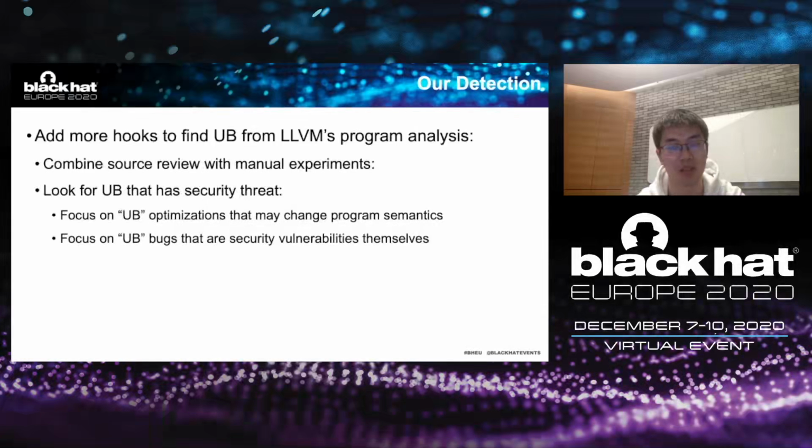It can be divided into two categories. The first kind of bugs appears when program semantics are changed incorrectly. The second kind are security vulnerabilities themselves. We start with the first case.